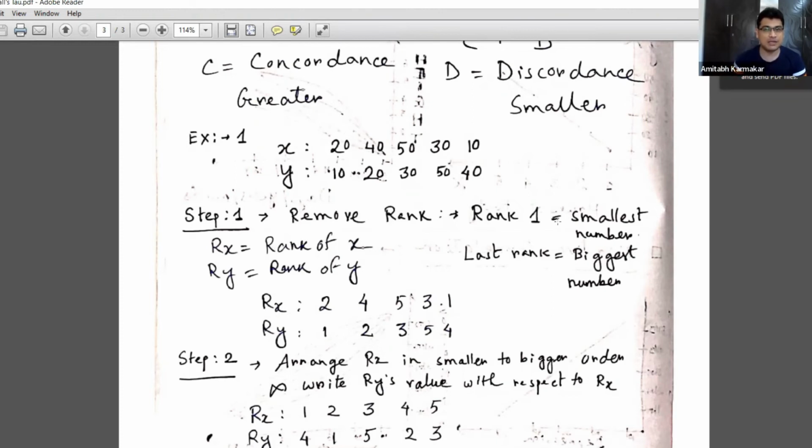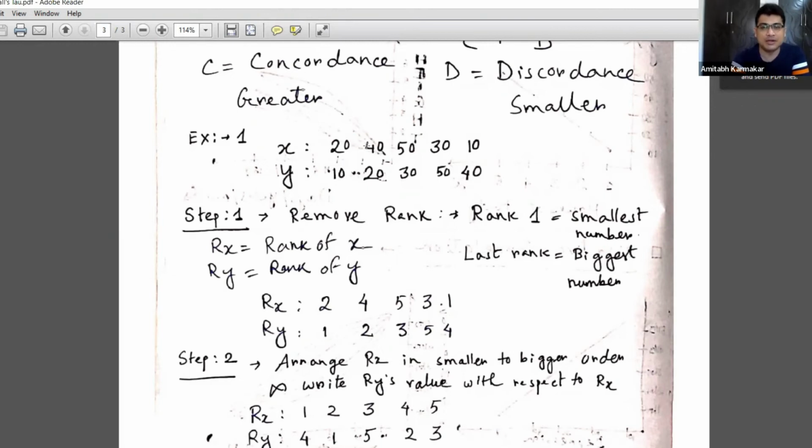So what was the smallest number there? 40. So 40 gets rank number one. Let's take the example of this. The last rank will be the biggest number. So x equals 20, 40, 50, 30, 10, and y equals 10, 20, 30, 50, 40.